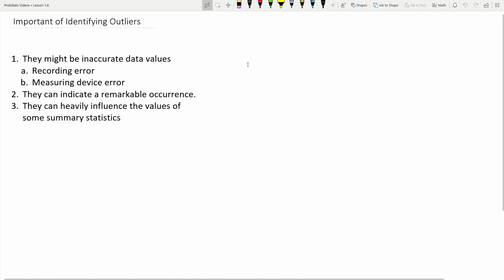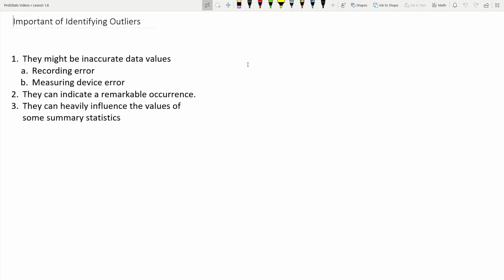Okay, so what is the importance of identifying outliers? Well, for one, they might be inaccurate data values, which is why we want to identify them correctly. So if we incorrectly identified 73 as an outlier in the previous problem, we may have inadvertently thought that it was an inaccurate value, which is not true in this case.